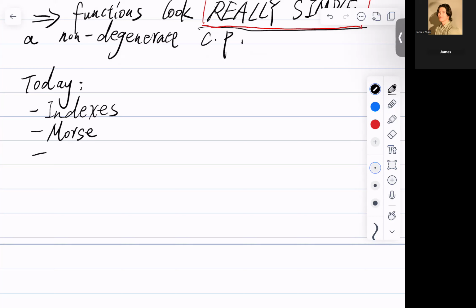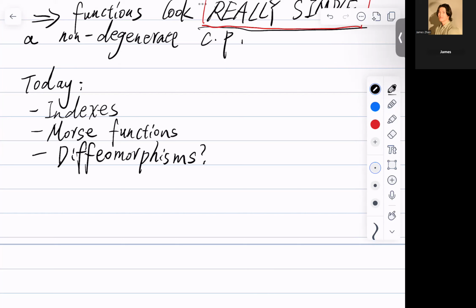I do realize that these two topics may take quite a bit of time. So maybe we will cover diffeomorphisms, which is my favorite thing to talk about. I forgot to write this down, Morse function. Diffeomorphisms, maybe.